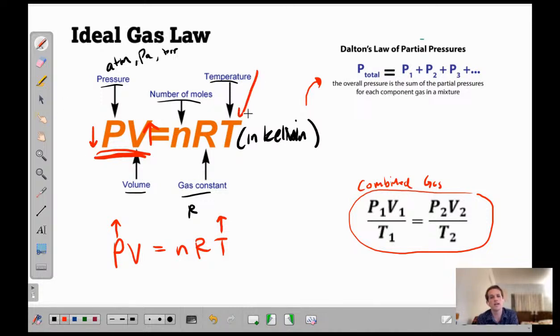We got temperature that could technically pull us into some thermodynamic land. Moles. Oh, this is stoichiometry, right? So now we can connect this to stoichiometry. There's lots of gas stoichiometry. This can, like I said, be connected to thermo and other things related to that. Volume can be connected to density. It can also be connected to things like molarity.